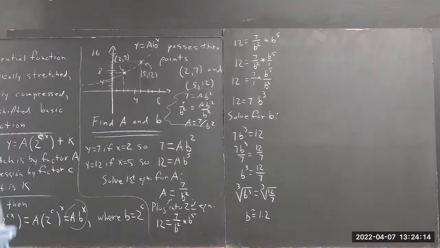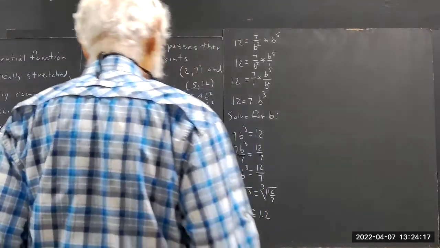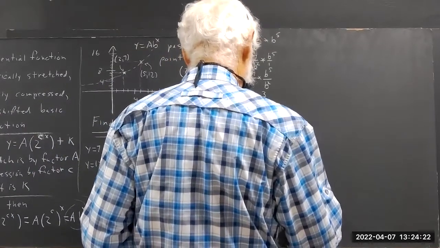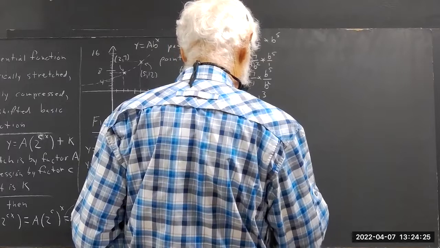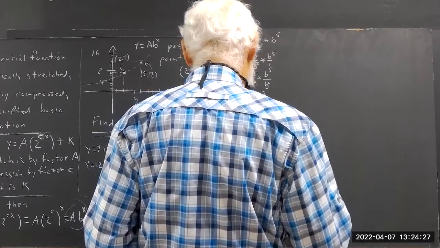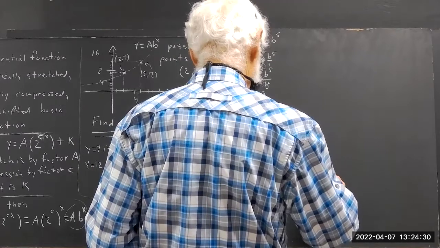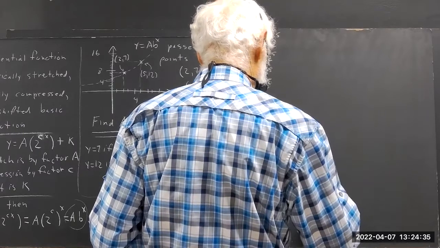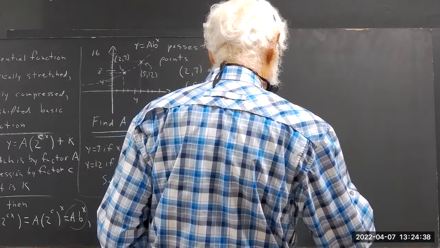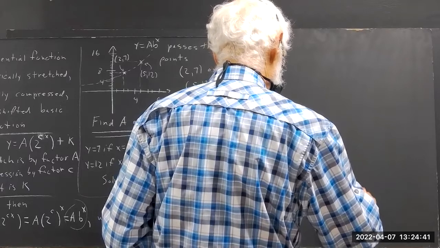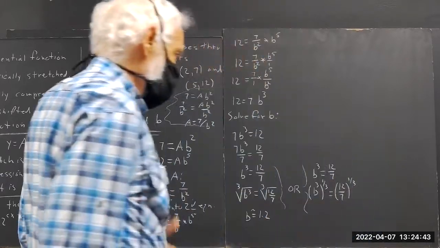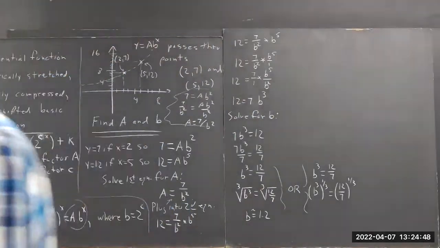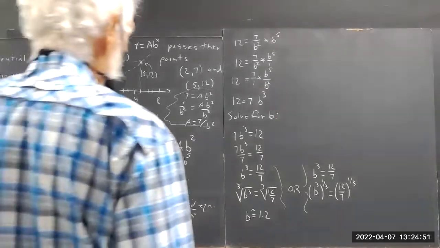Now, an alternative way: take the 1/3 power of both sides, which is the same as the cube root. But you have to understand why that works.